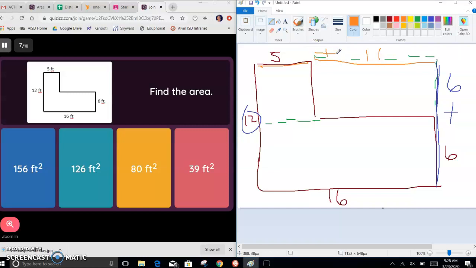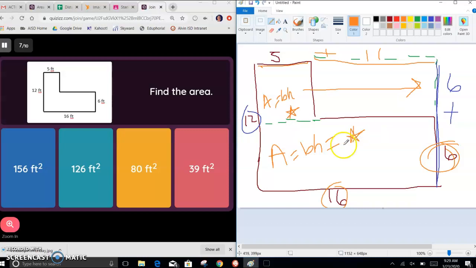So I really don't need this 11, but this rectangle right here, base times height, is 16 times 6. And then this one up here is also base times height, which the measurement for this side is over here. So you're going to add this area to this area and get your answer.